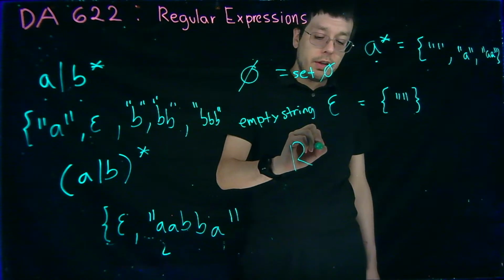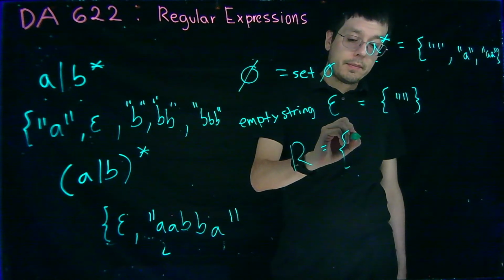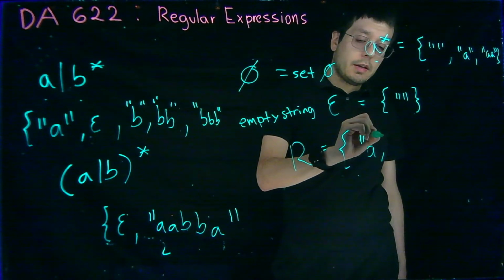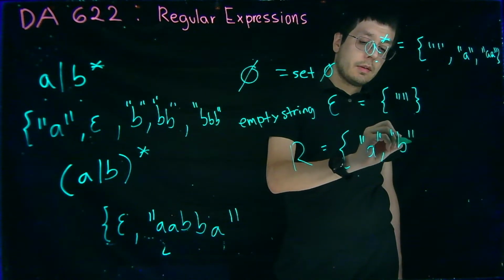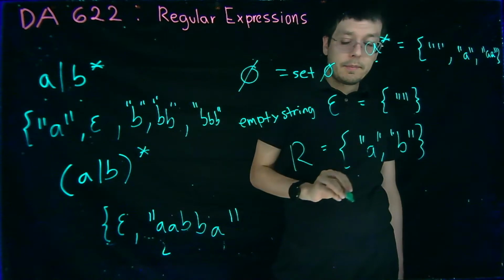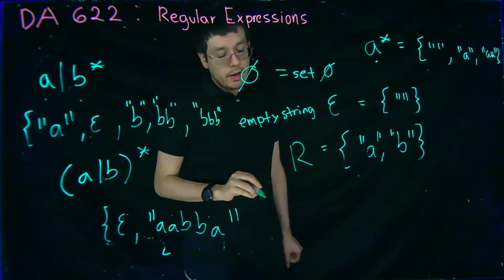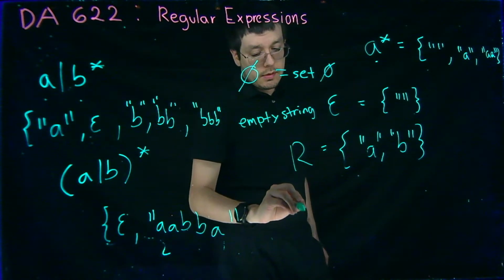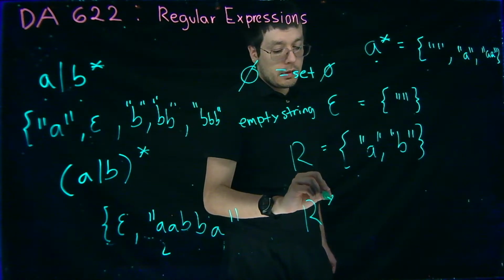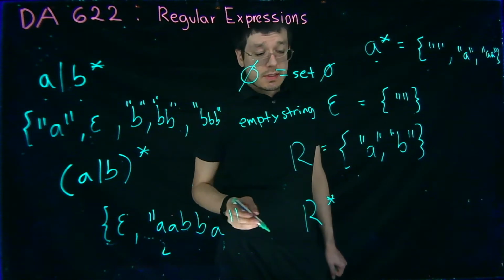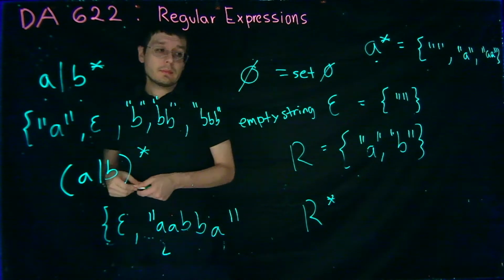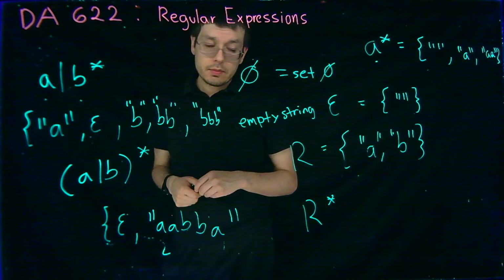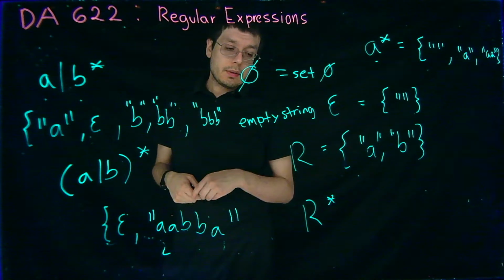Like earlier I was saying R, and I would have an A and a B. So if I say something like that, that's kind of the same thing as doing that, because you can pick either one of the two and then repeat it afterwards.